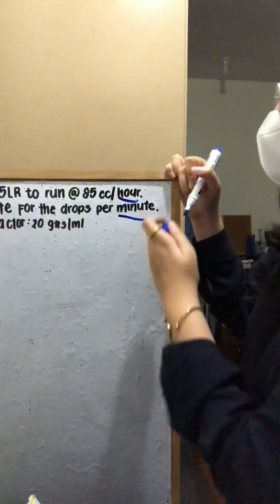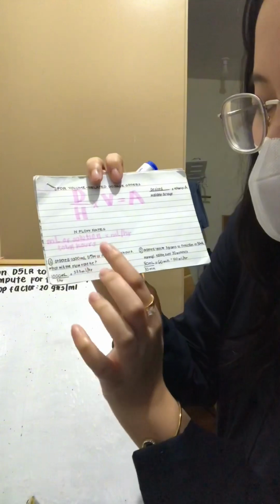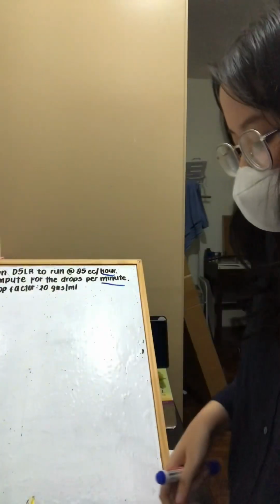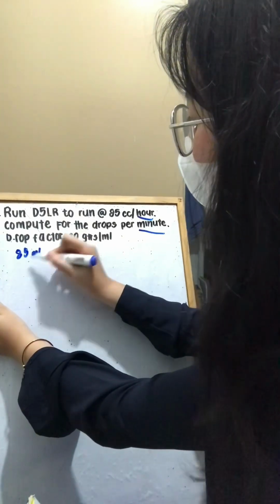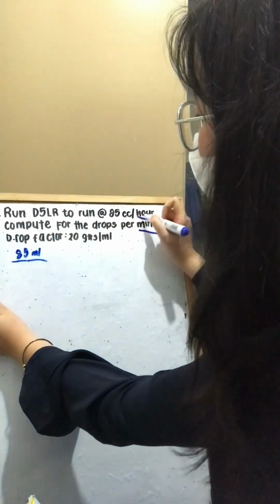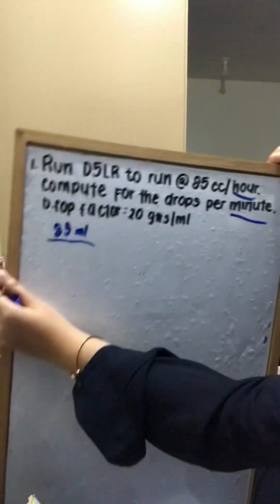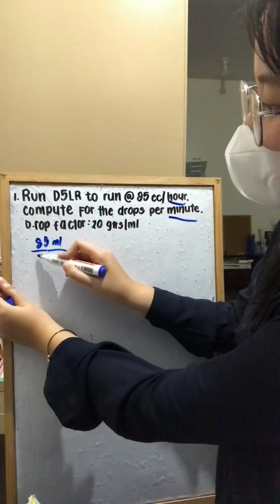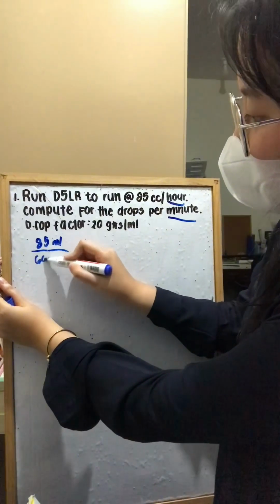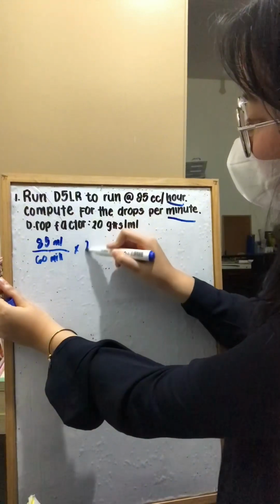So, to compute for that, mL of solution divided by the total hours or yung minutes times yung drop factor. 85 cc or mL divided by, so, kung i-convert mo yan, yung hour sa minute, so 1 hour will be equivalent to 60 minutes, times a factor ng 20.